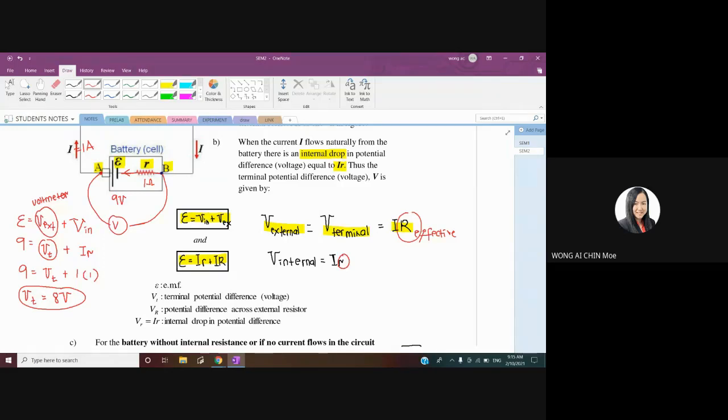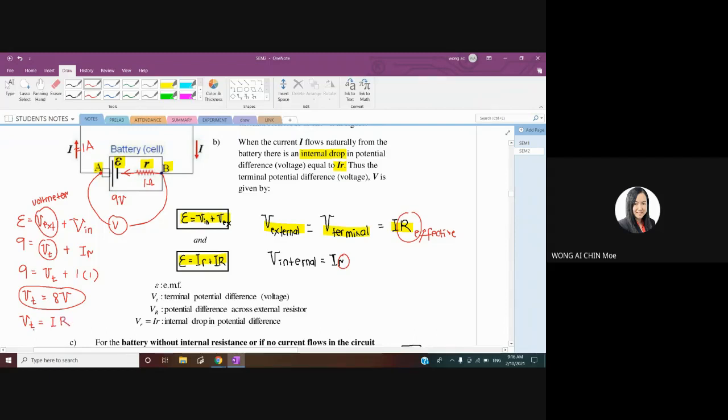So bermaksud even though your battery is 9 volt, but when you measure betul-betul, dia hanya 8 volt yang boleh guna untuk external. So if you want to measure the external resistor R yang besar itu, you also can measure because we know that your V external, ataupun terminal, is equal to IR.